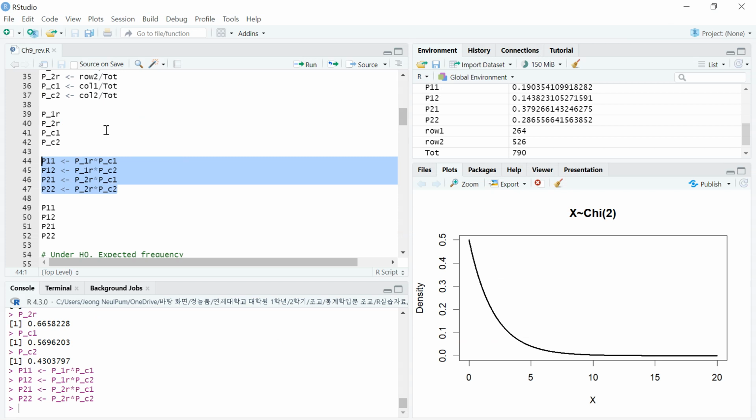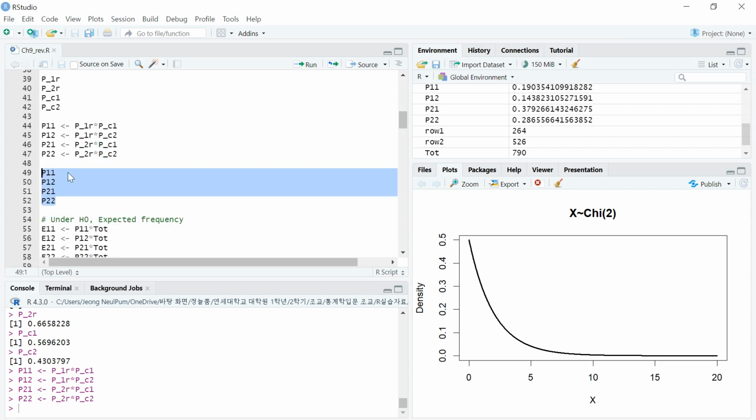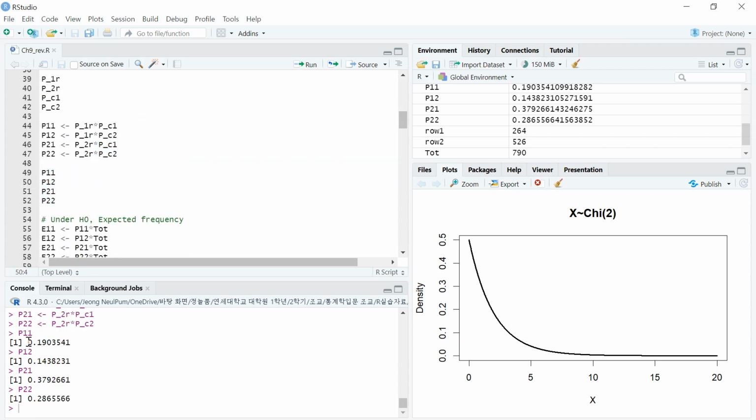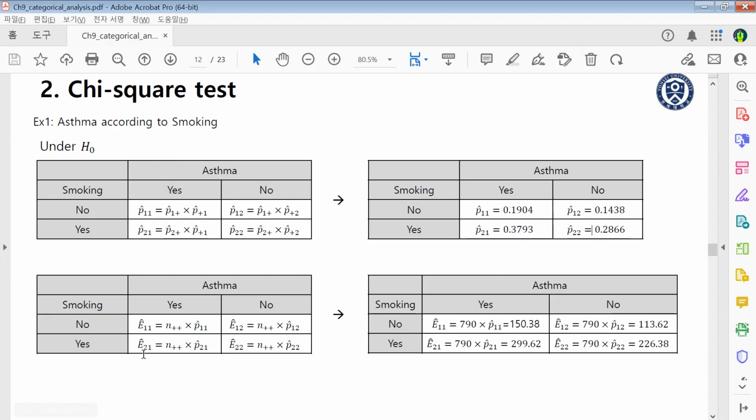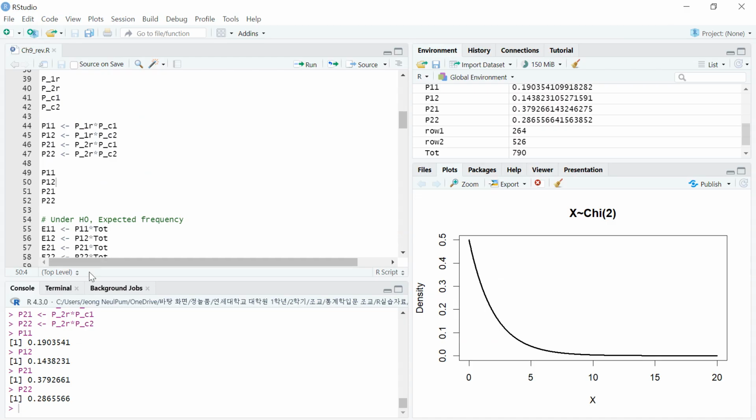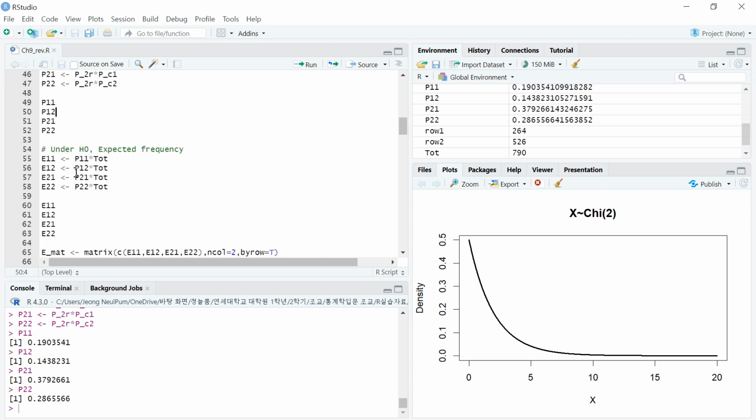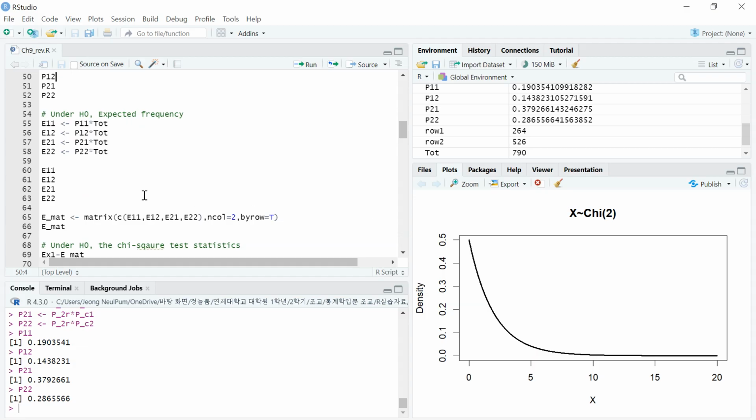After running this code, you can see that these four values have the same value in this contingency table. The first number identifies the row, and the second number is the column.